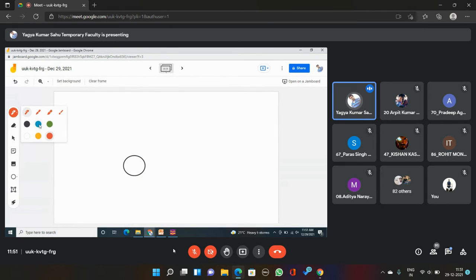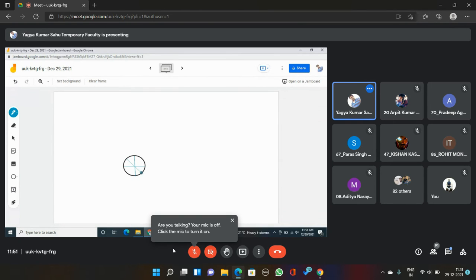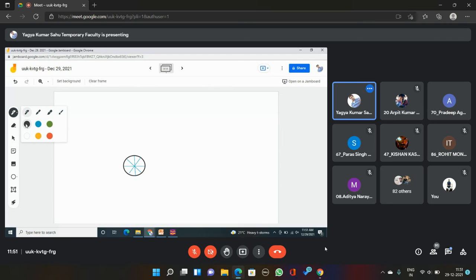Divide the circle into 8 or 12 equal parts. I'm dividing this into 8 equal parts. Next, what will be your next step? Drawing tangents.